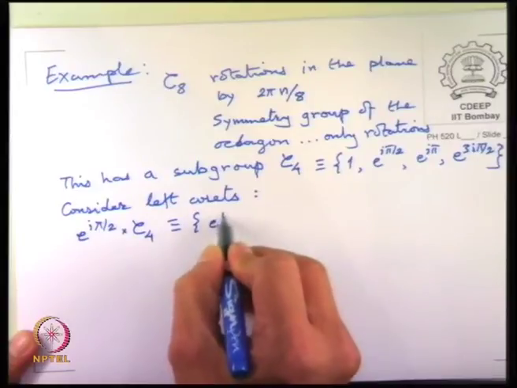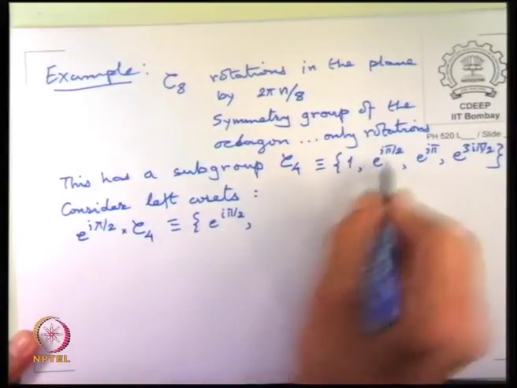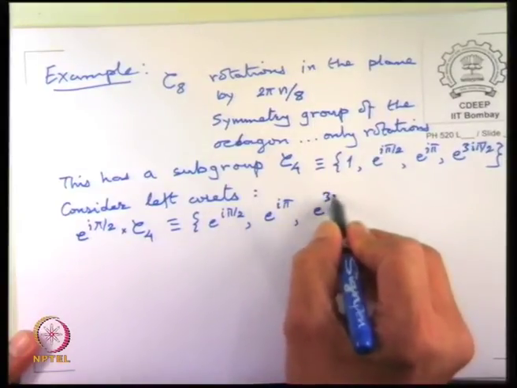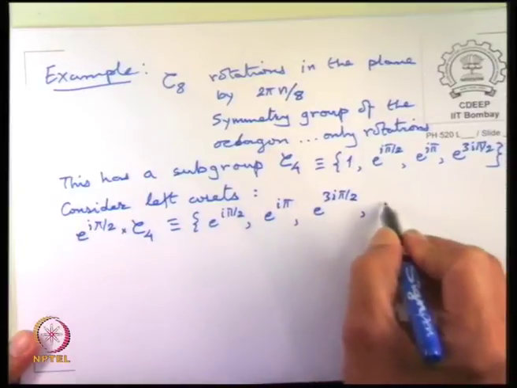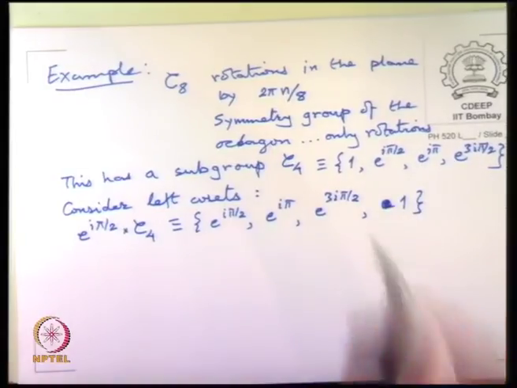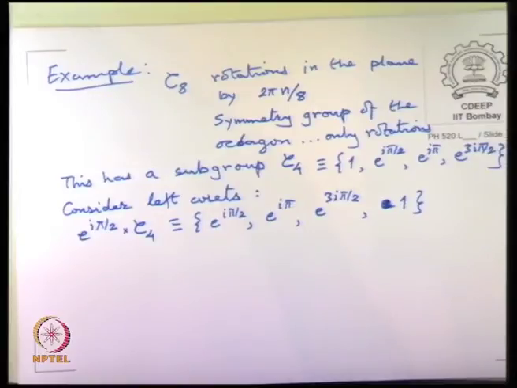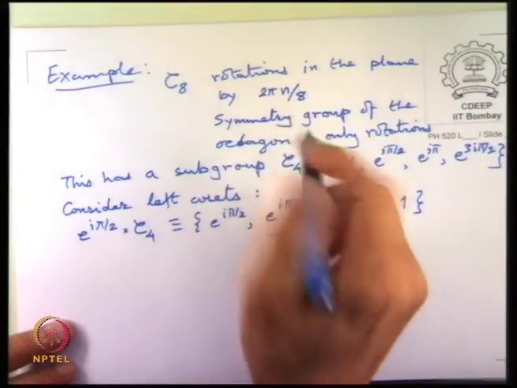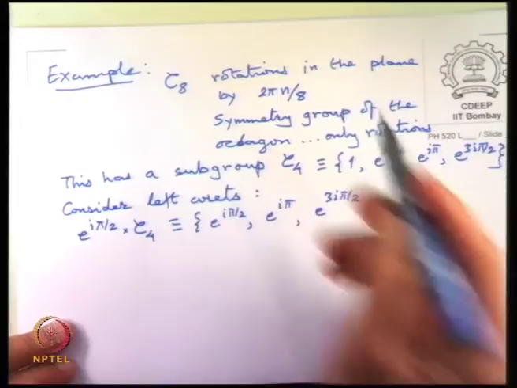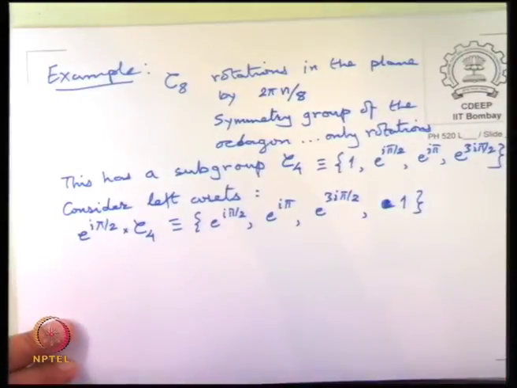I will get e to the i pi by 2, then this will become e to the i pi, this becomes e to the 3 i pi by 2, and I get identity here, well 1 in this case, numeral 1. So this is one left coset, but because there is 2 pi n by 8, I should have 45-degree rotation as well.